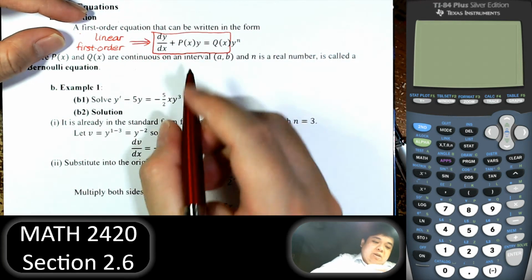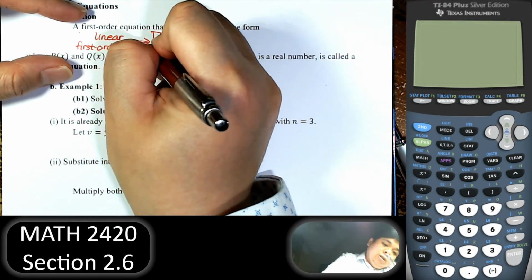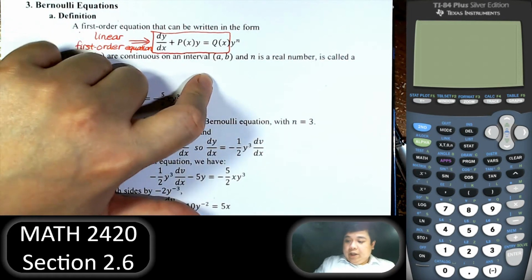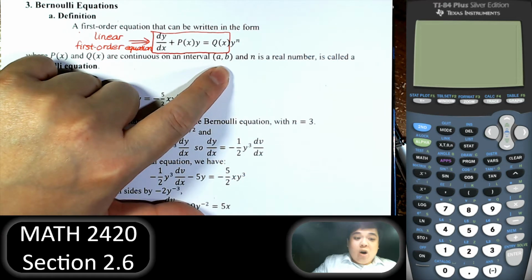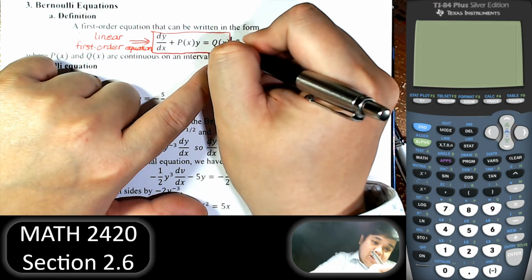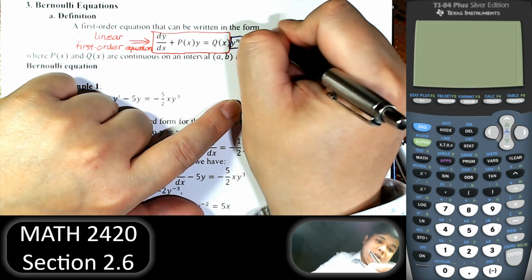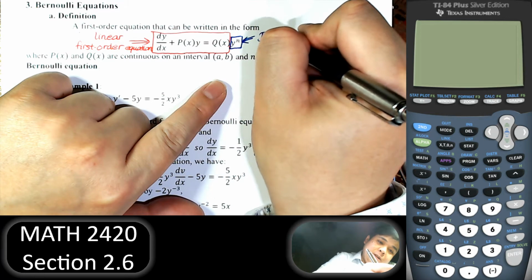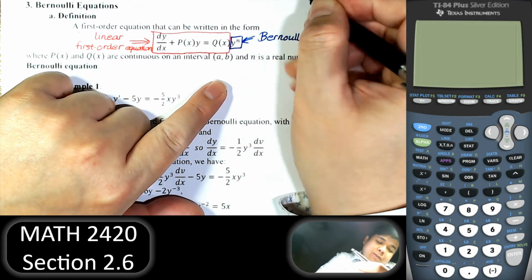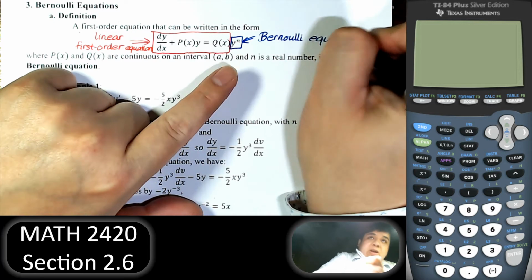So that is linear first order equation. The part that makes it a Bernoulli equation is y to the n. It's the y to the n.